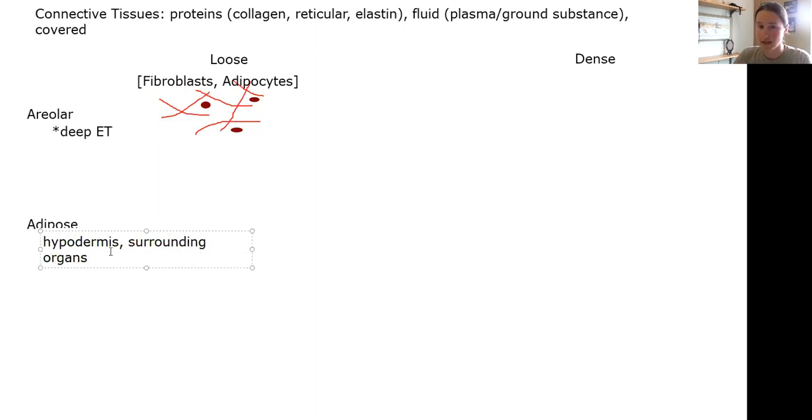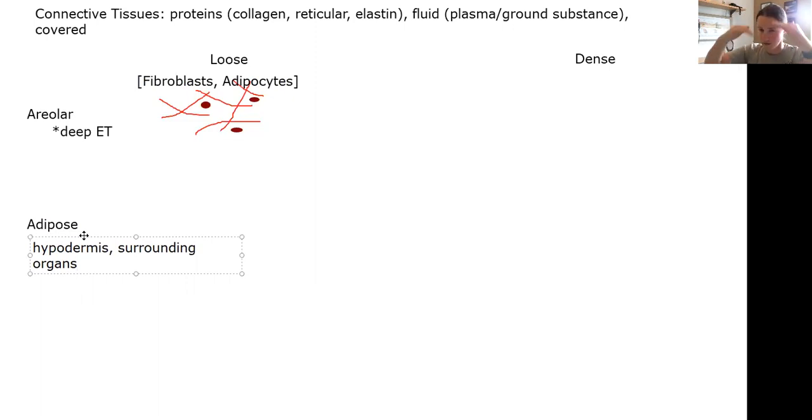If you looked closely in that trachea slide, you might have seen some chunky white cells all the way to the outside. That is loose adipose connective tissue. In your online lab today, you will also see this in the mesentery. But pretty much you have fat everywhere, and that's a good thing. We need this extra energy storage.